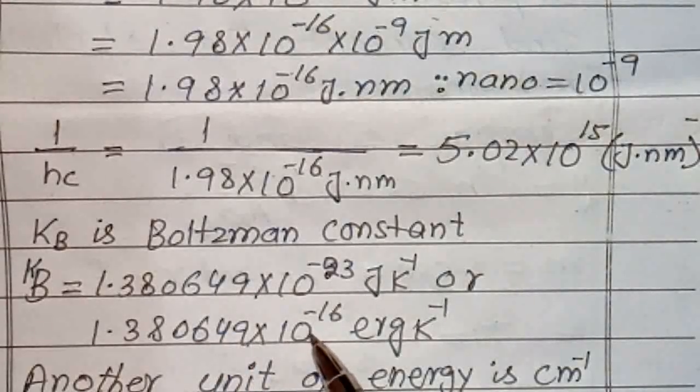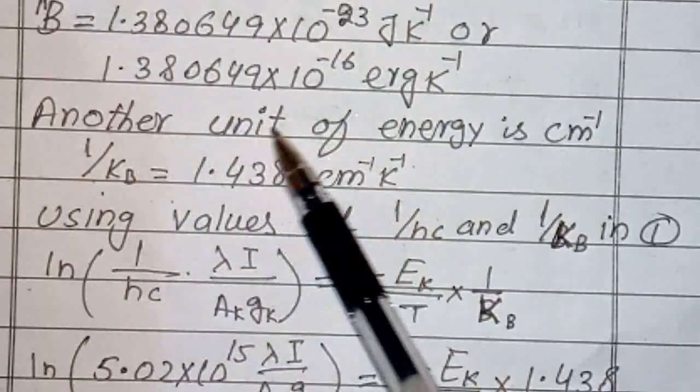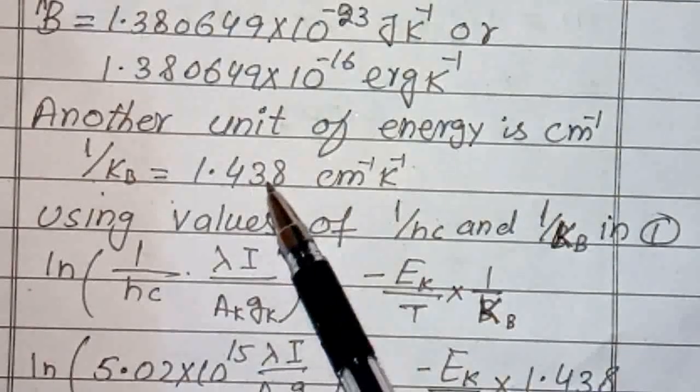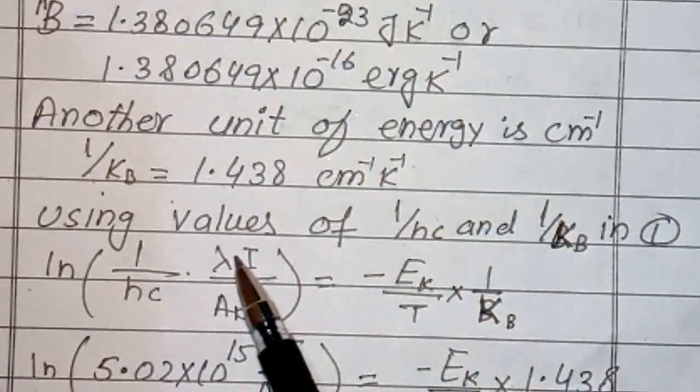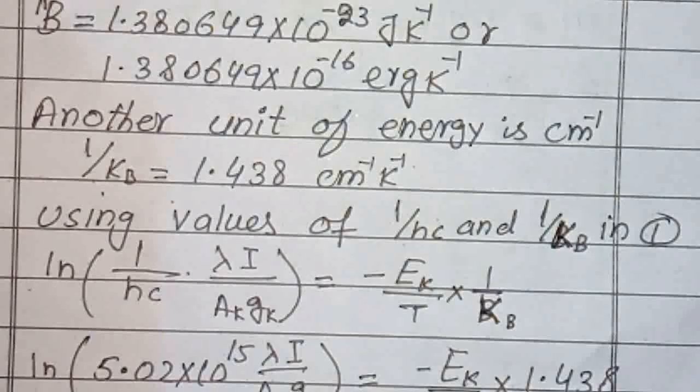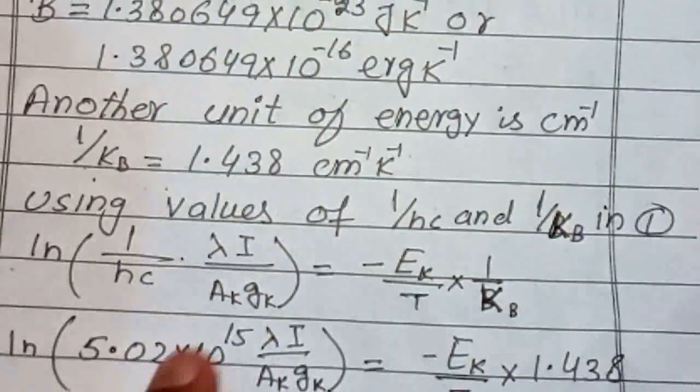Another unit of energy is per centimeter, and in the unit of per centimeter, 1 by kB is equal to 1.438.